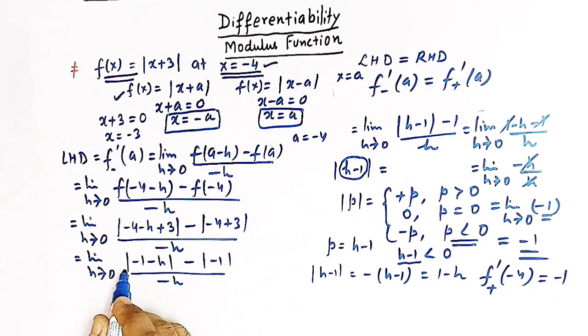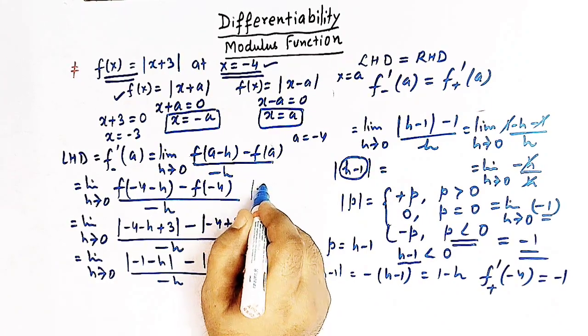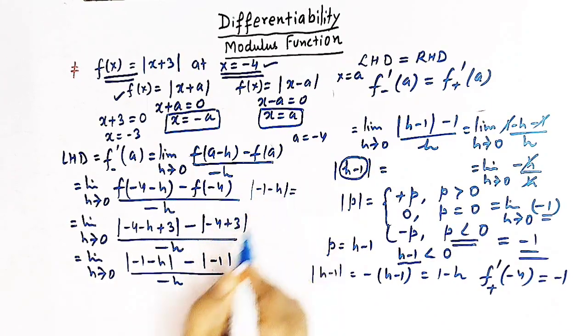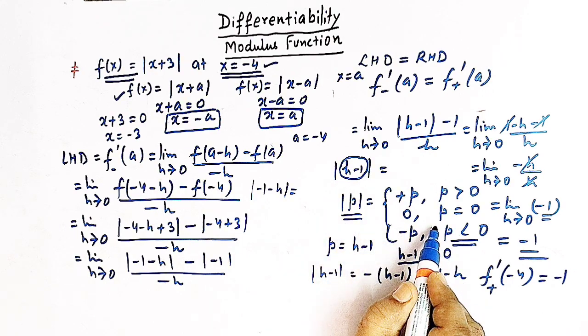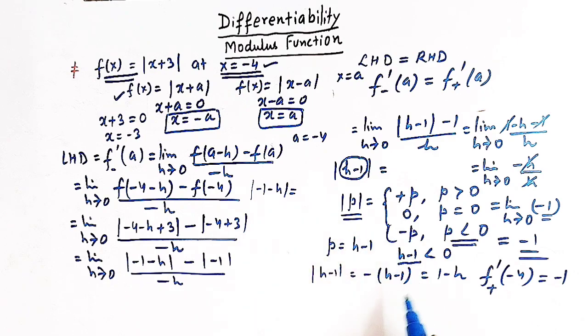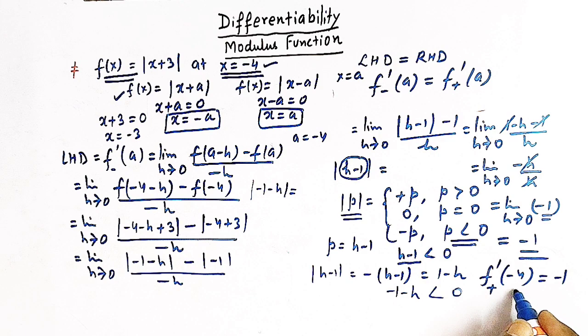So now here we have mod of minus 1 minus h, right? Again we'll make use of this definition of the mod function. Minus 1 minus h is again less than 0, right? Because here we have a negative sign, here also we have a negative sign, and h is a positive quantity. H is infinitesimally small, but it is greater than 0.